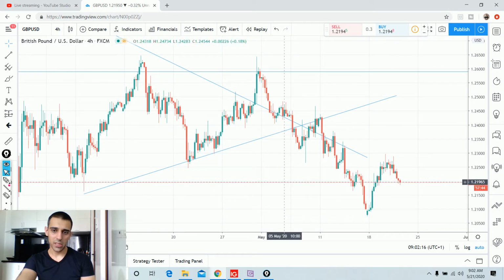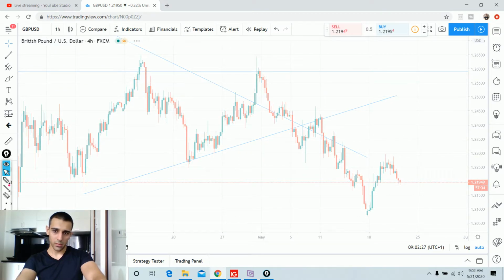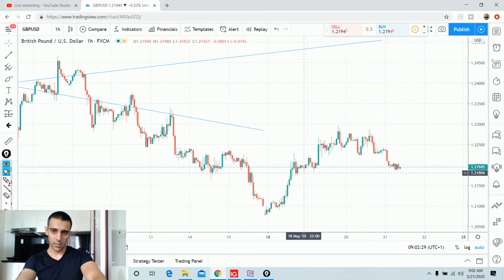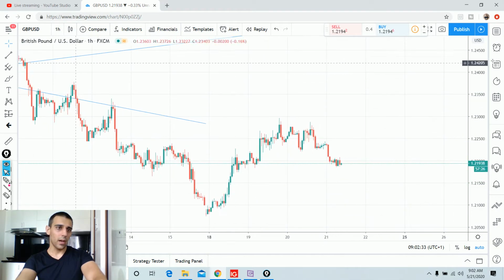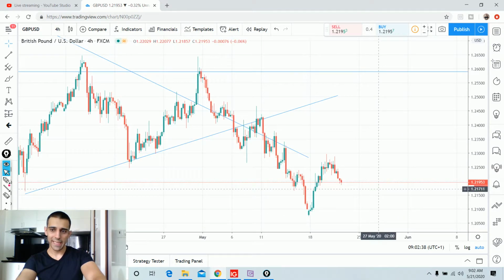But until the price does that, I will not take the trade yet. So I do want to see a nice bearish close on the 4-hourly time frame. Let me have a look at the 1-hourly if I can justify.